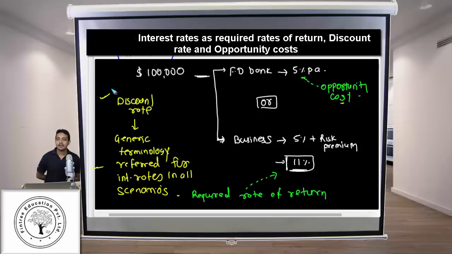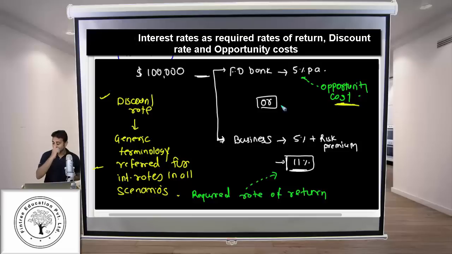Or for example, let us say that you were working somewhere, earning a salary of, let's say, ₹1,000,000 per year. You decided that you will quit your job and start doing a business. Then the opportunity cost of that entrepreneur would be ₹1,000,000. Are you following this? Opportunity cost is the next best option cost. So that's your opportunity cost.